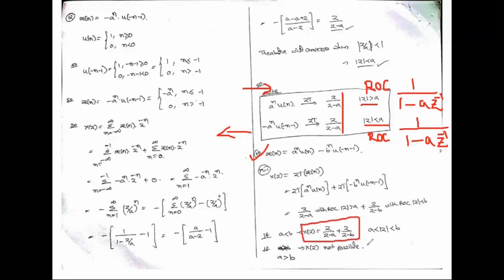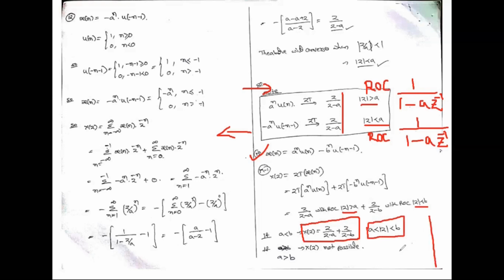But what is the ROC? For one function the ROC is greater than, and for the other it is less than. So combining the two functions, Z is greater than a and Z is less than b, so the ROC is in between a and b.